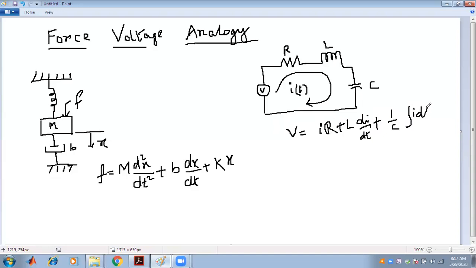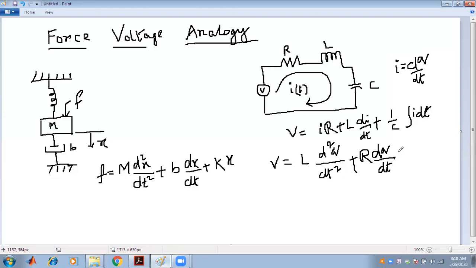So we know that current is the rate of change of charge, that is d by dt of Q. Replacing the value of I by dQ by dt, the equation can be written as L into d2Q by dt square, plus R into dQ by dt, plus Q by C.